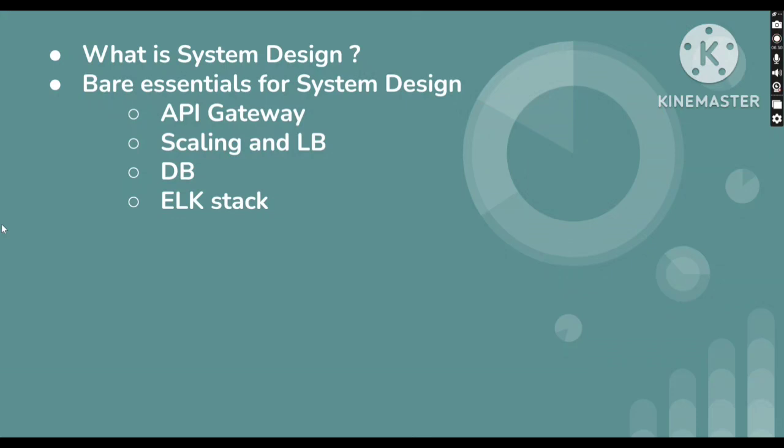There are two types of scaling, horizontal and vertical. We will be discussing that in some subsequent video. But for the purpose of this video, just keep in mind that there are two types of scaling. One is horizontal, other is vertical.